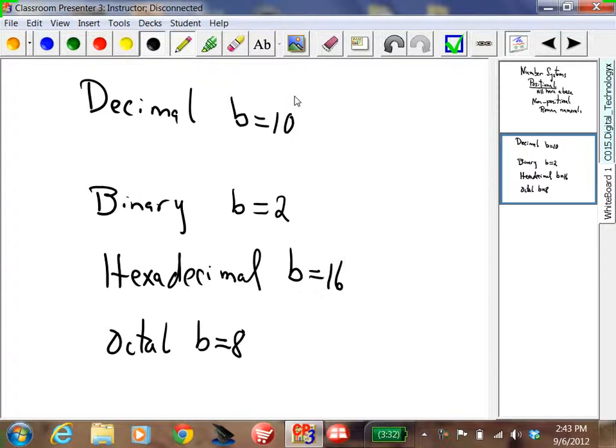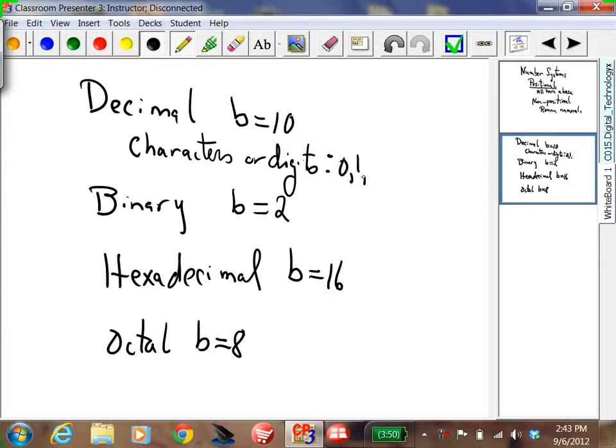Now, in each of these number systems, there are some digits, okay? In base 10, they are 0, 1, 2, 3, up to 9.